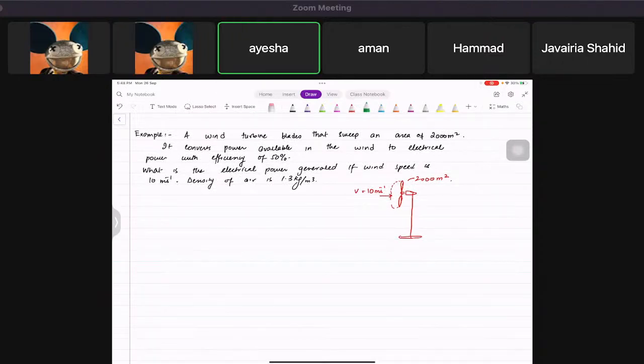So kinetic energy of wind should be given by half times m times v square. Interestingly, we have the velocity, and we do not have the mass, but we do have the density.